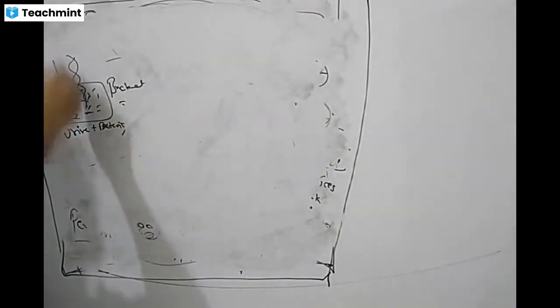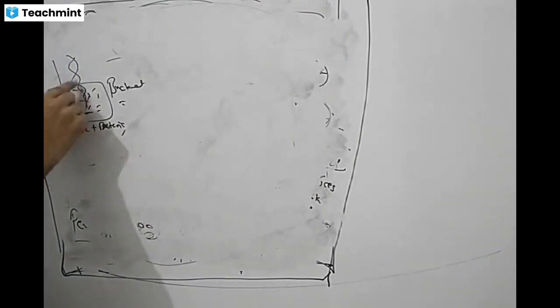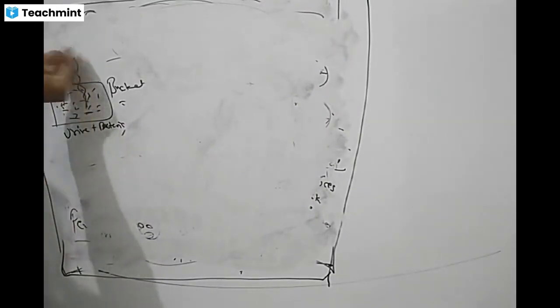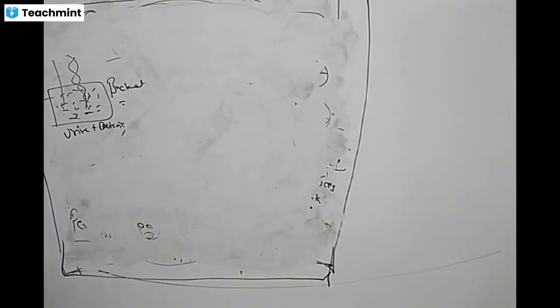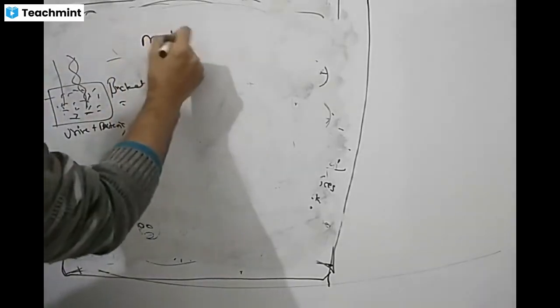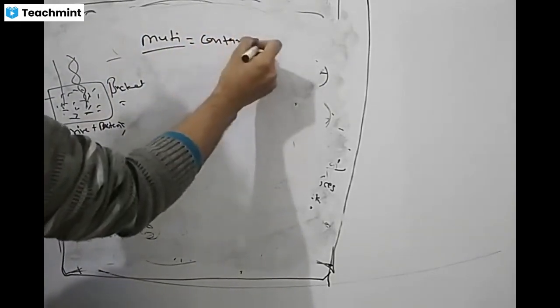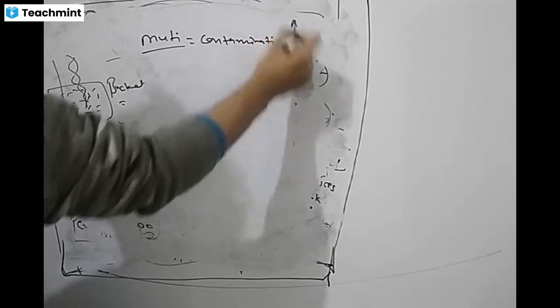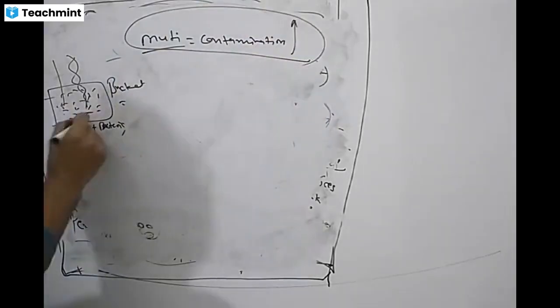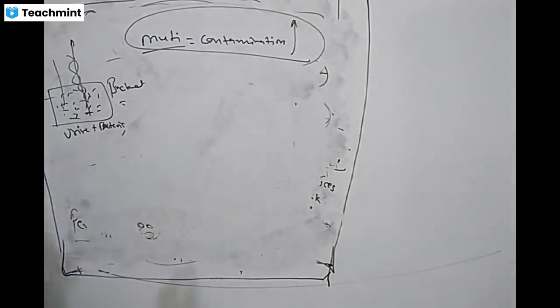In case of multifilament, the bacteria will find some spaces and they will come to the other cavity. So in case of multifilament, chances of contamination will be more. Bacteria will enter and there will be capillary action.